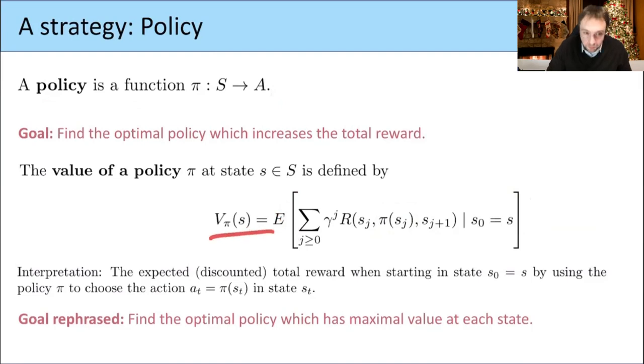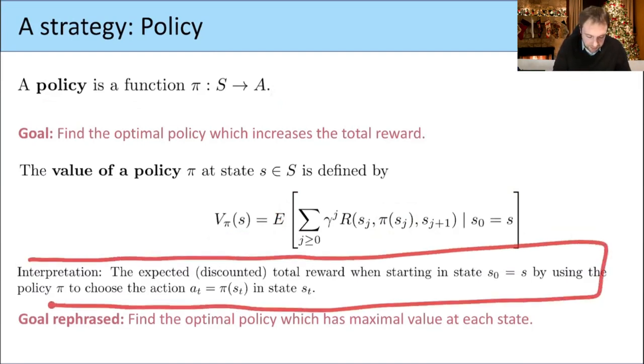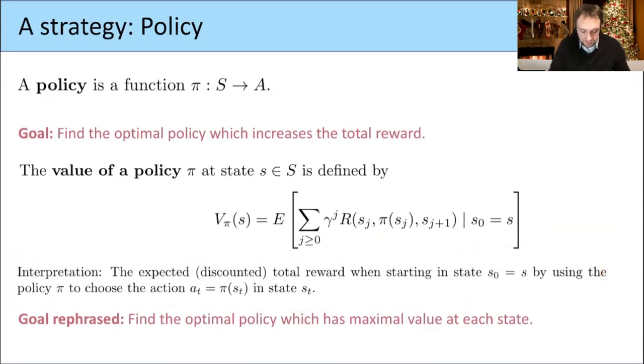What this number really means is this interpretation here, namely that if I fix a policy, a way of deciding, then the value of this policy at some state S is the expected total reward I can get by starting in this state, choosing this policy.